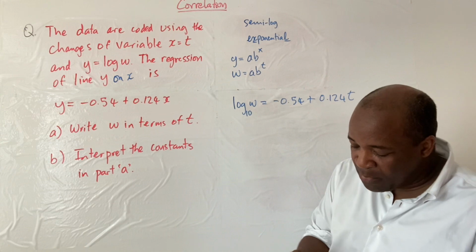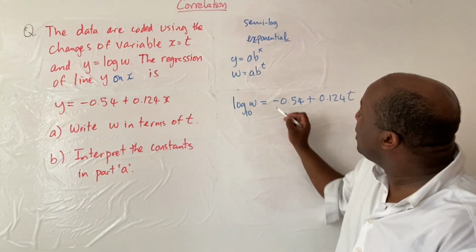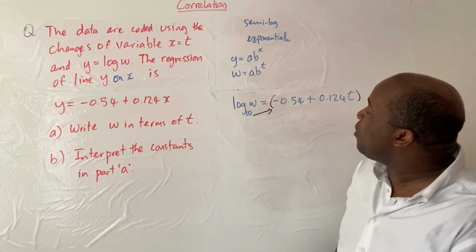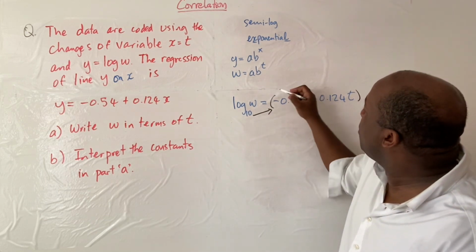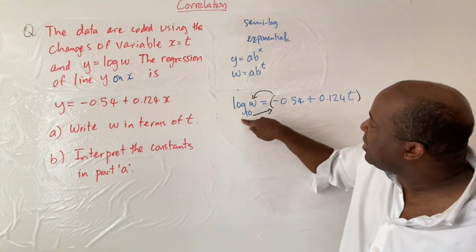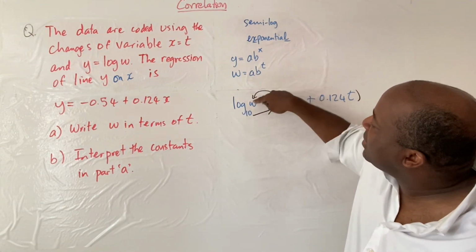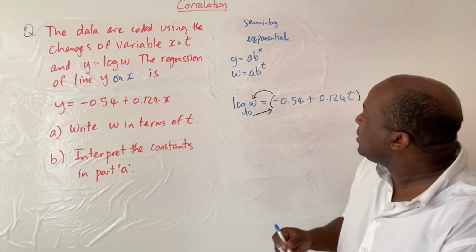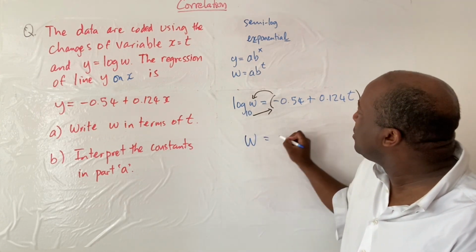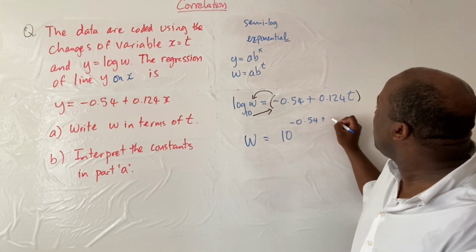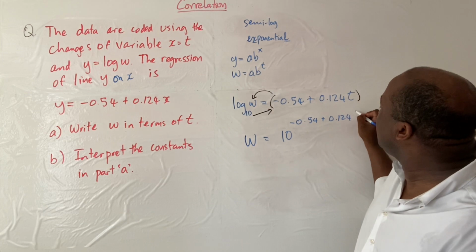One way of thinking about it is we're going to raise all of this to the power of 10. So 10 to the power of this is equal to that. That's what I mean by cross exponentiate. Therefore, w is equal to 10 to the minus 0.54 plus 0.124 t.